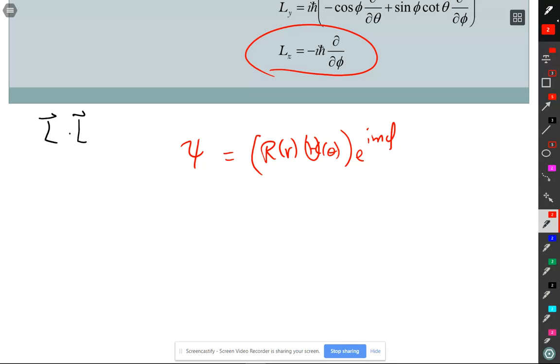So if I want to find my angular momentum in the Z direction, what do I need to do? Here, I'll put the little operator sign over it. What do I do with the operator to find the eigenvalue for LZ? Not the expectation value, just to find the value of LZ.